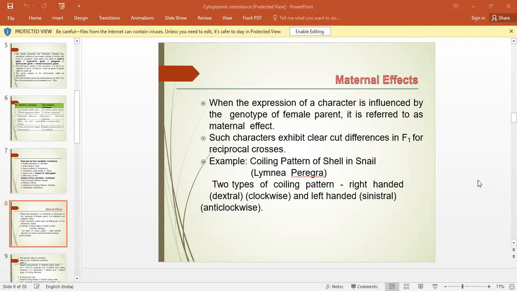Okay. So we will see the example of maternal effect. The example is coiling pattern of the shell in the snail.